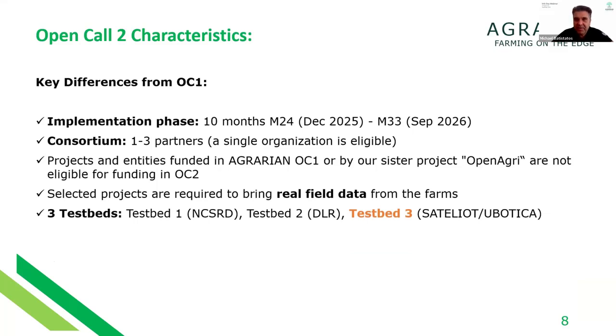We have 3 test beds this time. The first 2 are the same with the previous call, but the third one is a new one. Actually, it is an advanced form of a previous testbed that we have in the open call 1. We'll talk about them in a while.